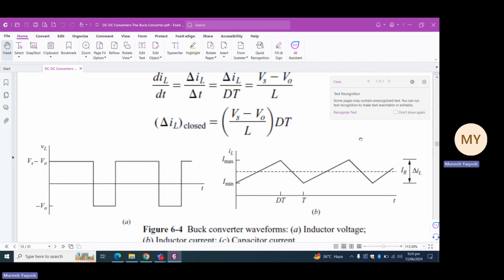Now, these are the figures that we will get when we operate this buck converter in the switch closed mode. You can see that for the switch closed, the voltage across the inductor is Vs minus Vout. And the change in inductor current, that is delta IL, you can see that it is in between I minimum and I maximum.